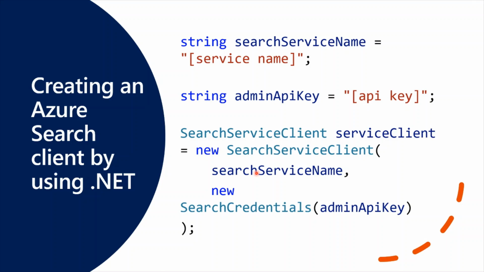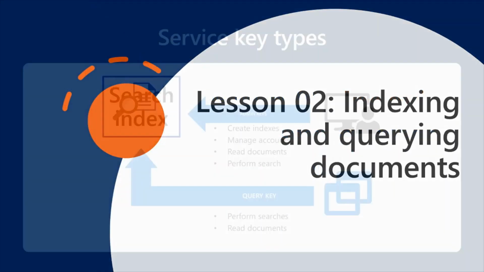Creating an Azure Search client by using .NET. You see here you have a service name, we get it. Then you use the admin API key, which we just got from here.